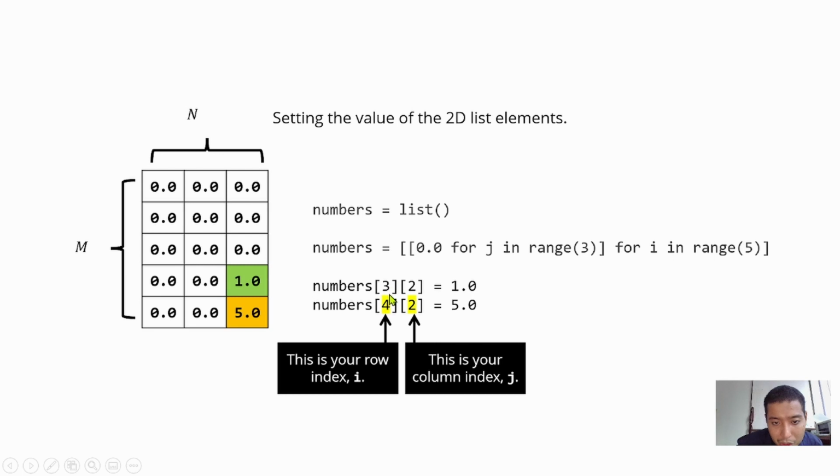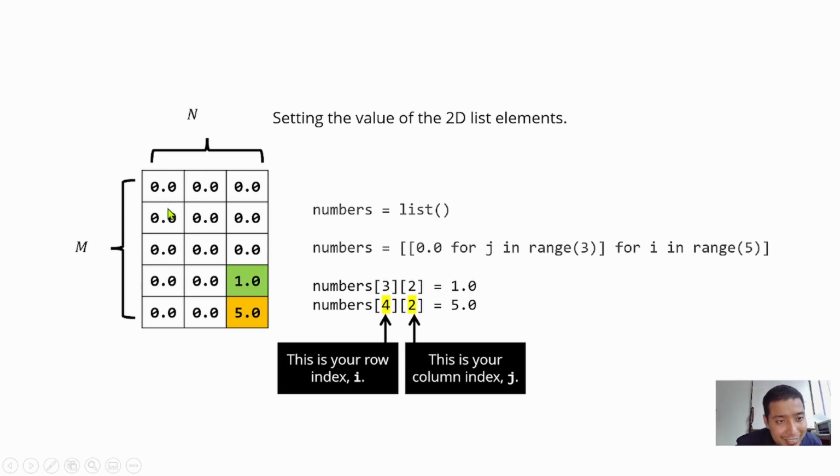The first square bracket is for the row, and then you have another square bracket for the second element. If you go across the row, this is one list, and then this is another list, and another list. It is a list of lists.